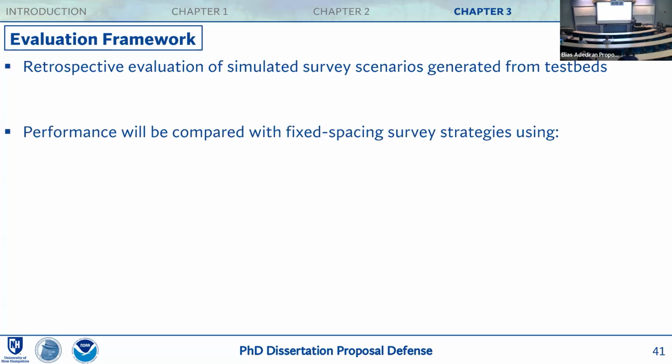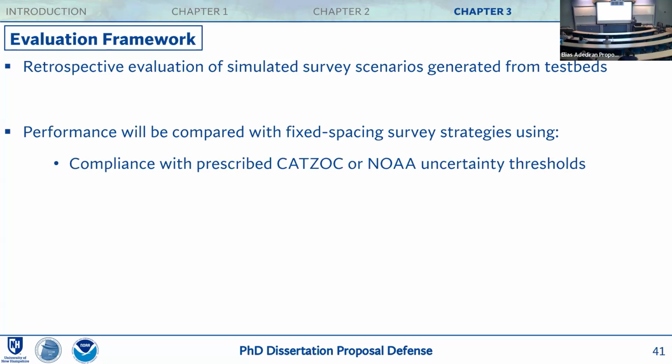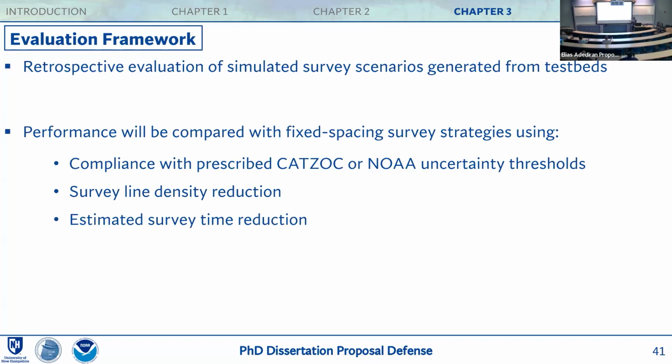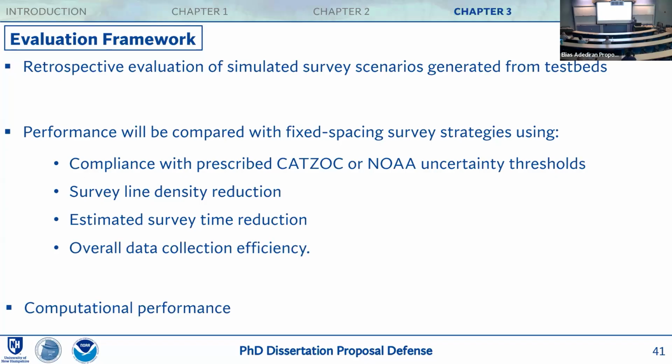And the performance will be compared with the fixed spacing survey strategies that we currently use, by looking at compliance with the prescribed cutoff or NOAA uncertainty threshold that we want to meet, what survey line density reduction we get, whether we gain some time by using this framework, and what the overall data collection efficiency is.